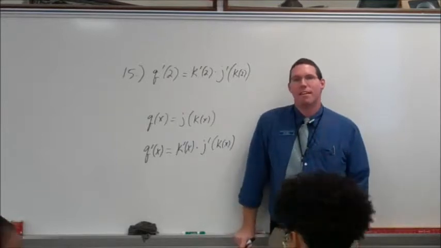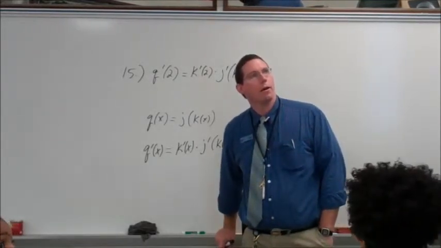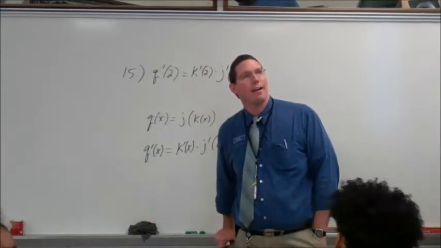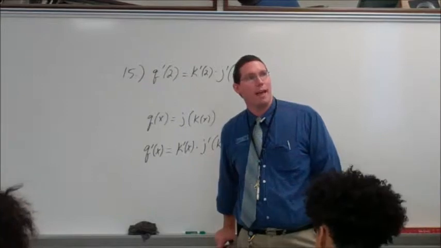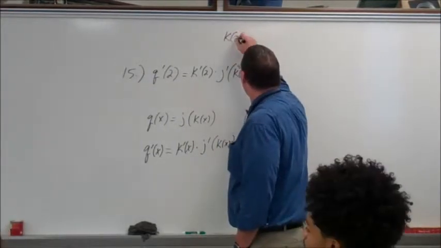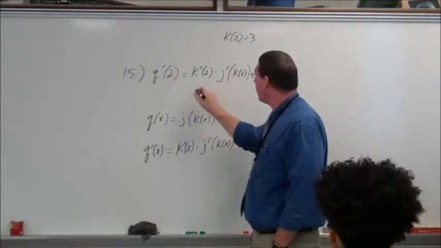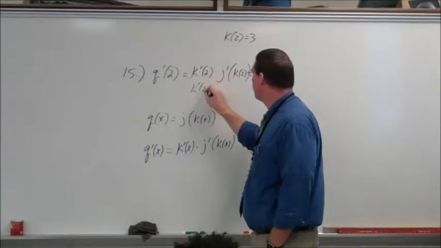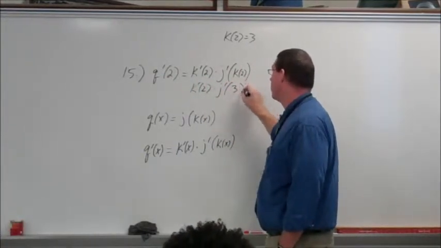And what is k of 2? It's 3. If you go down the column of 2 and go down to k of x, k of 2 equals 3. And therefore, what we want here is k prime of 2 times j prime of 3.